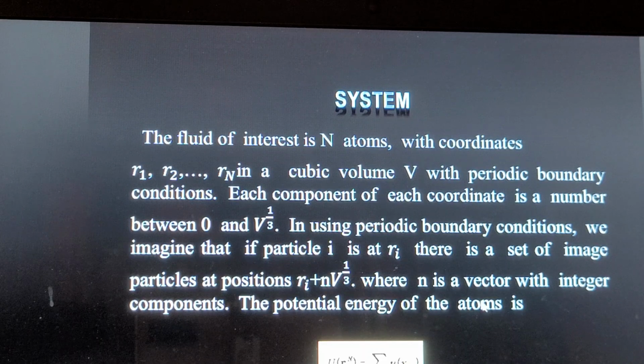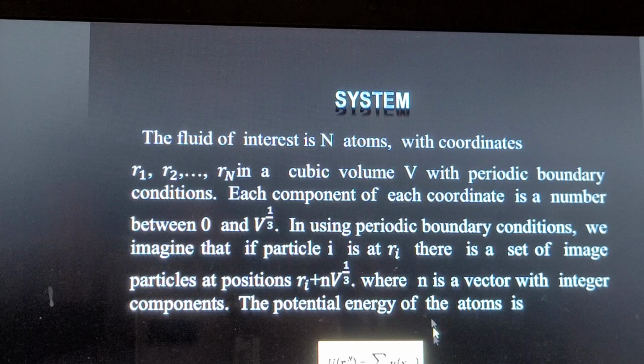The potential energy of the atoms is like that. So it means that you can see your system with different positions, and in each position there's a special atom.